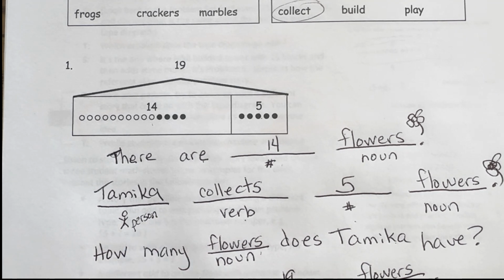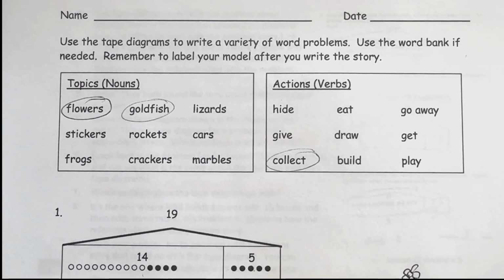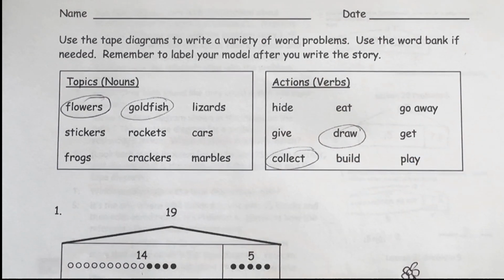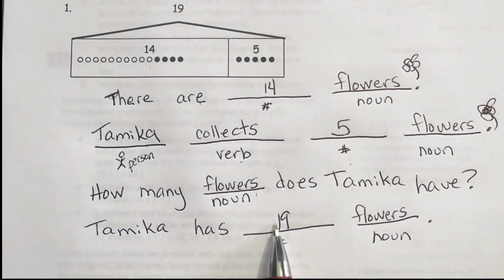And Tom is going to, well, I don't want Tom to eat the goldfish. Tom is going to draw. That's better than eating them. Okay. There are 14 goldfish. Tom draws 5 goldfish. How many goldfish does Tom have? Tom has 19 goldfish. Now, go with your partner, use this model, and create another problem of your own.